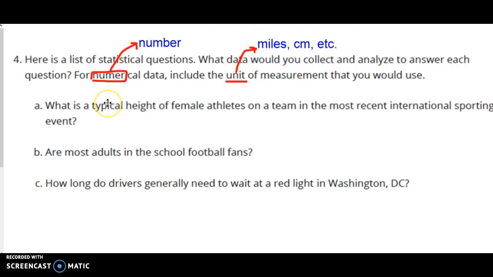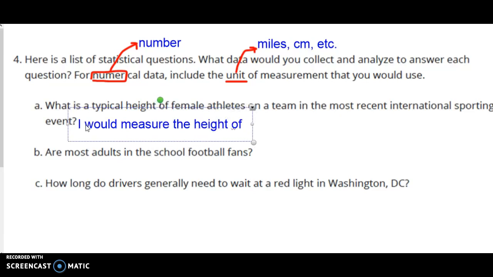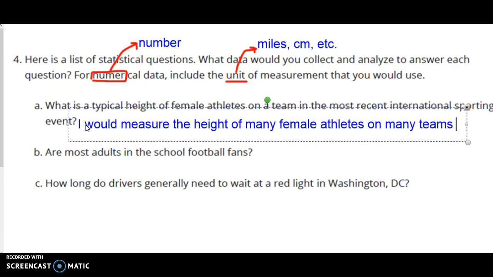So, A, what is a typical height of female athletes on a team in the most recent international sporting event? To answer this question, I would have to measure the height of many female athletes on many teams.